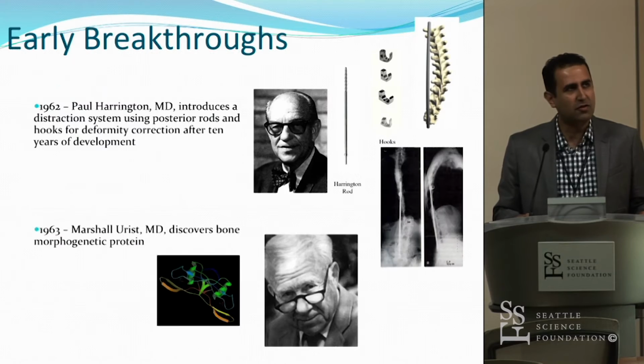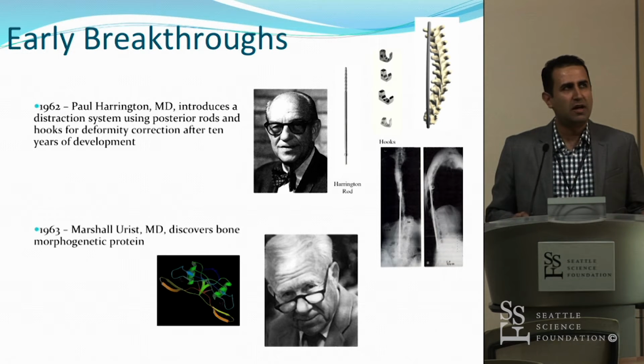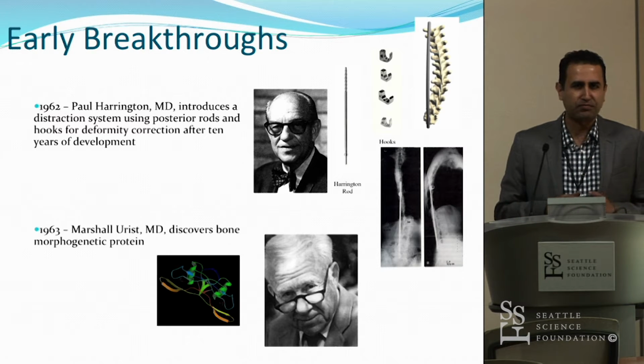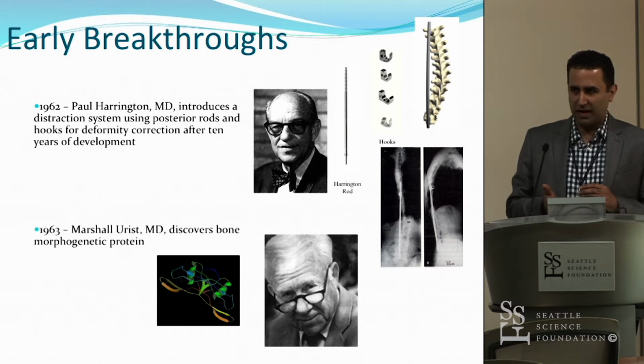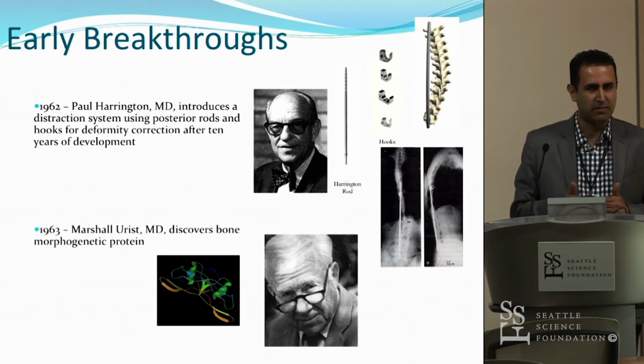I'm going to touch very briefly on that. So Harrington introduced the first true distraction system that involved typically a single rod with a hook at either end. And it was very useful by distraction for correcting the coronal deformity.